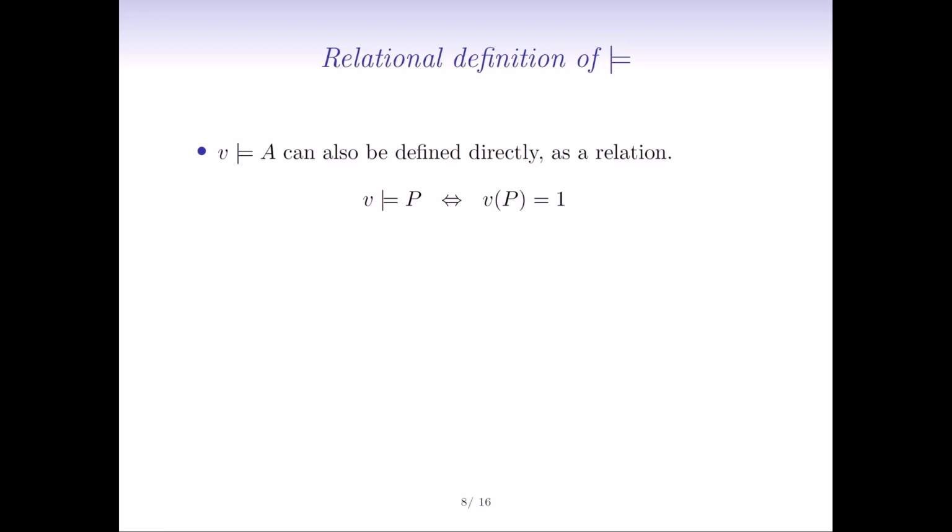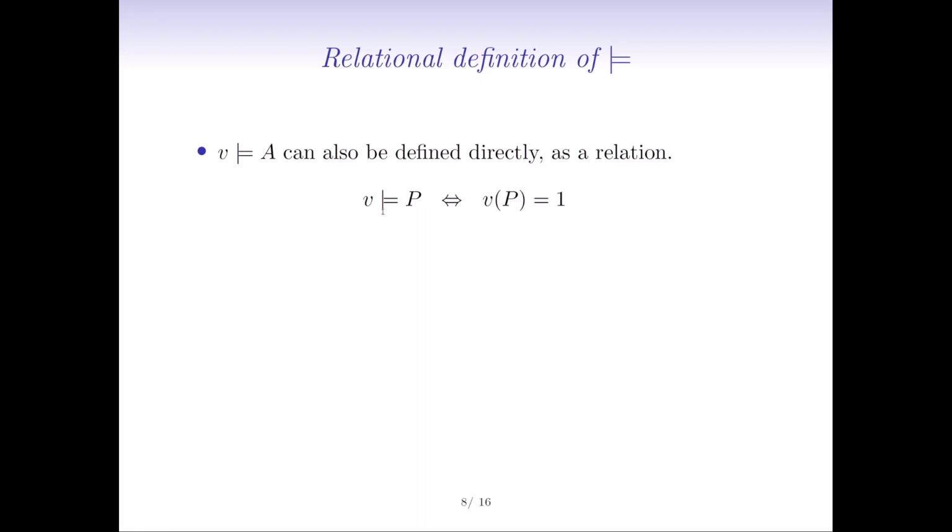And it's inductive in the sense that we assume inductively that we already know whether or not V satisfies A and B, where A and B are the components. And then in terms of that, we can say whether or not it satisfies, for example, the conjunction A and B. So first of all, I'll say what it means for V satisfies A for the smallest formulas, which are propositions. And then I'll go on to say how V satisfies A for compound formulas built up from connectives are defined in terms of their arguments.